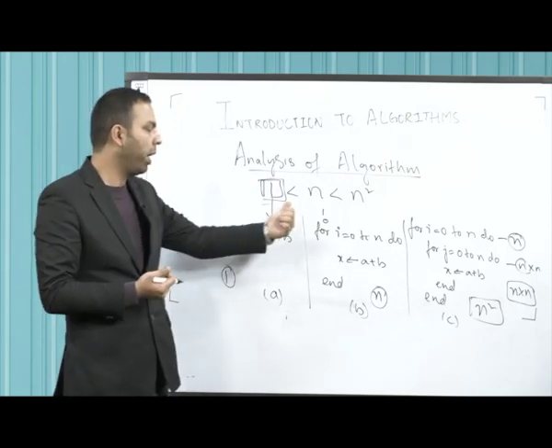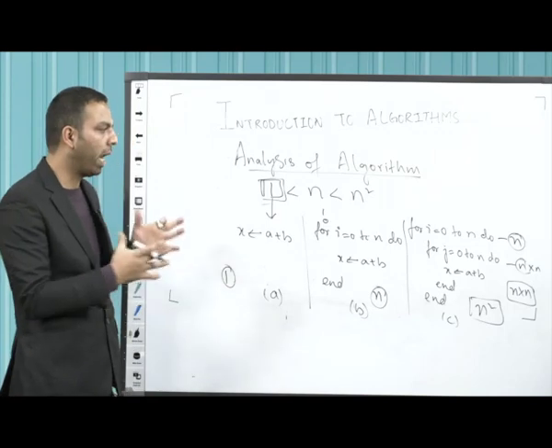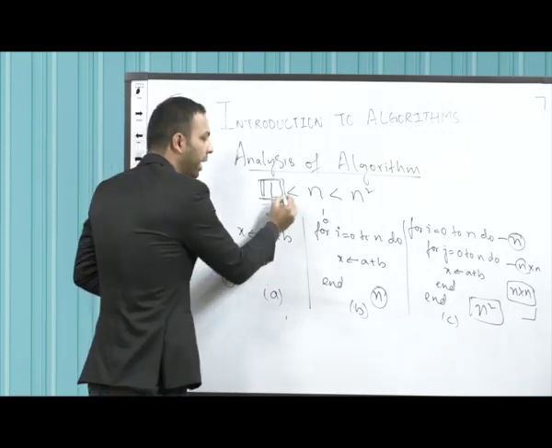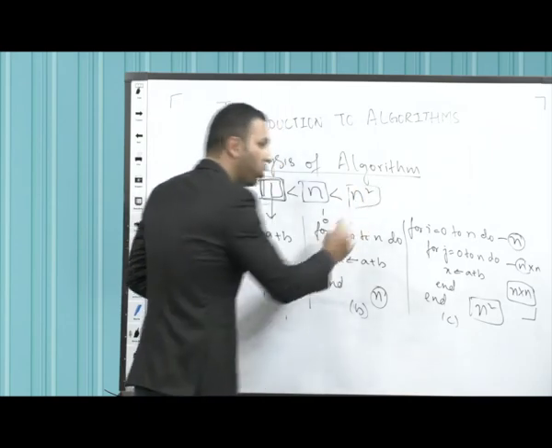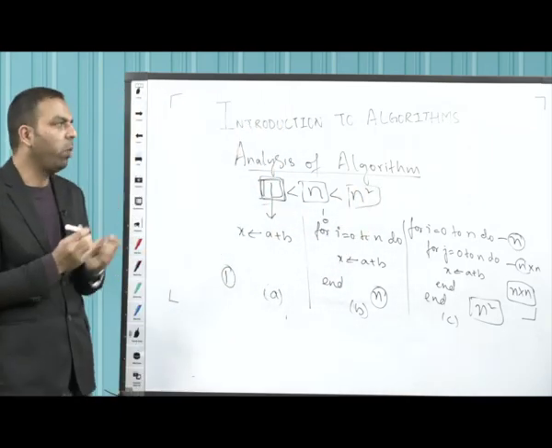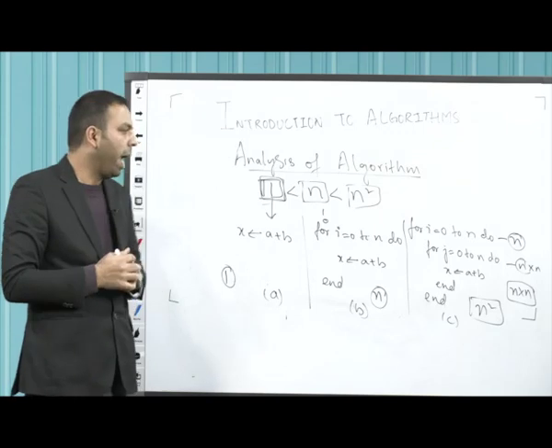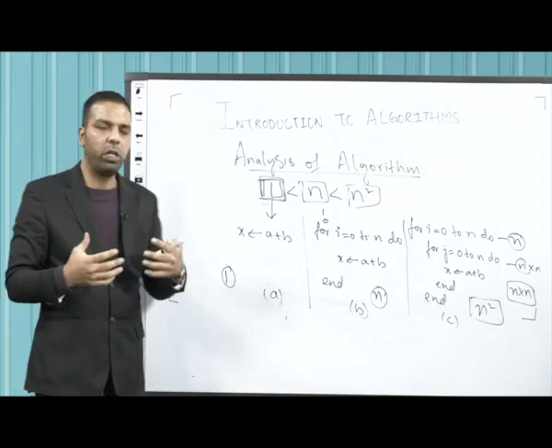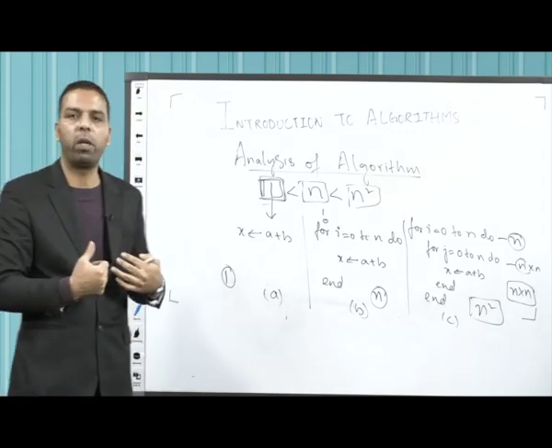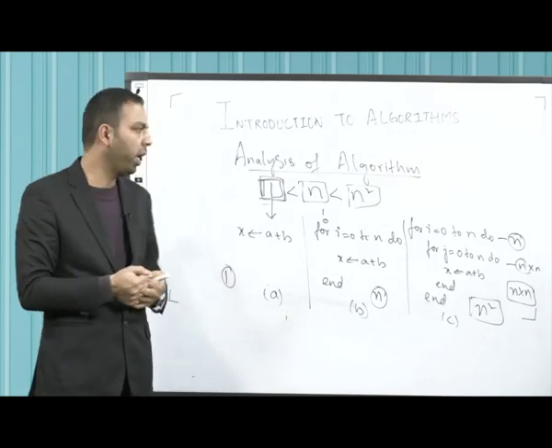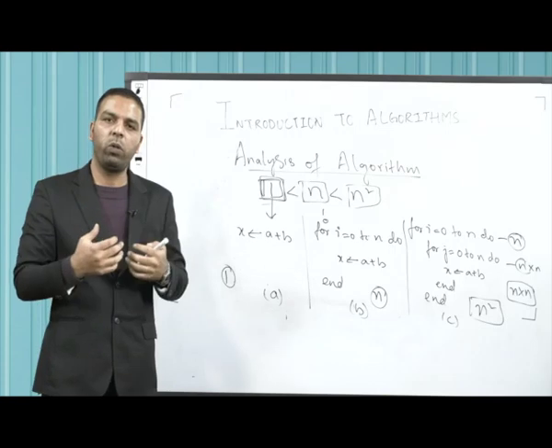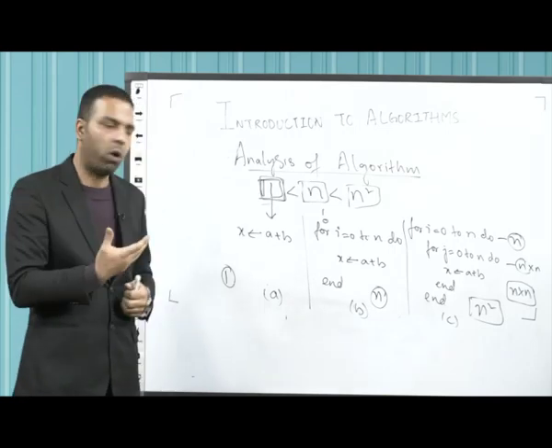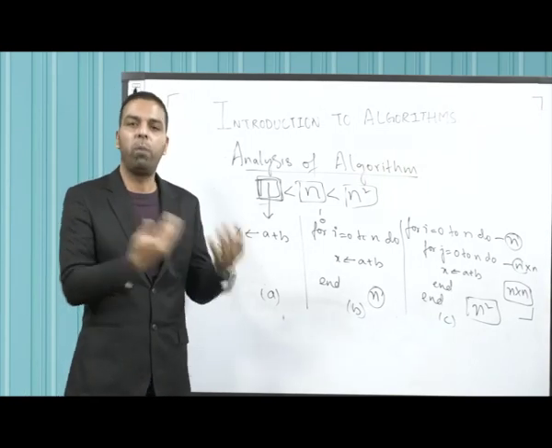But what I'm trying to highlight here is that one takes a constant time, one takes time proportional to the input, and one takes input time but squared. This is one way of analyzing an algorithm, and it helps us understand how our algorithm is going to work over time, okay? So in analysis of algorithm, we are going to see the performance of our algorithm as a function of input.